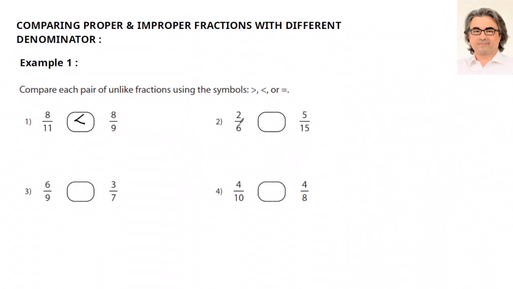Now here, let's equalize denominators. Now our denominators are 6 and 15. In which number may we equalize them? We know the way. We may equalize 6 and 15 in their least common multiple from our previous lessons. So let's find the least common multiple of 6 and 15.